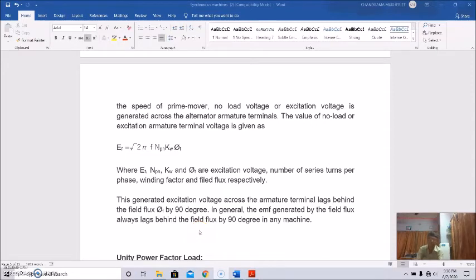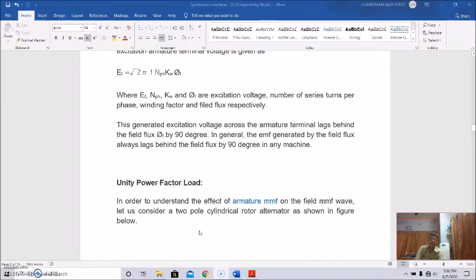This is as per Faraday's law of electromagnetic induction, E equal to minus d phi dt. The minus is for lagging, and the d/dt of phi means a 90 degree phase difference. Now we'll talk about unity power factor load.